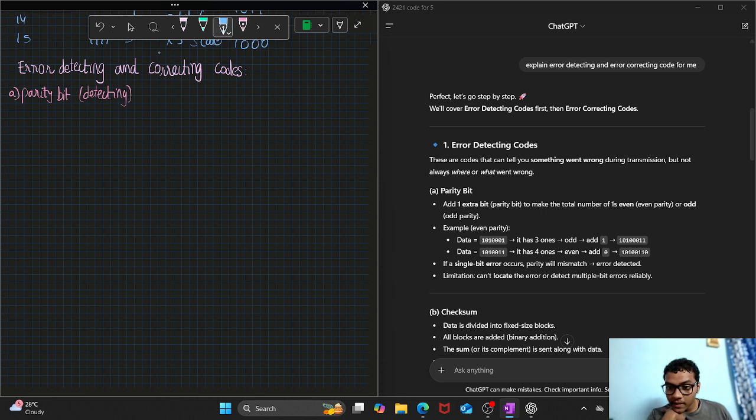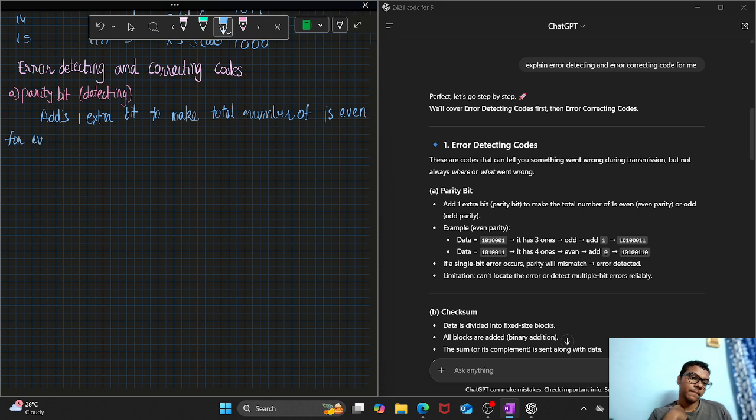Add one extra bit to make the total number of ones even.